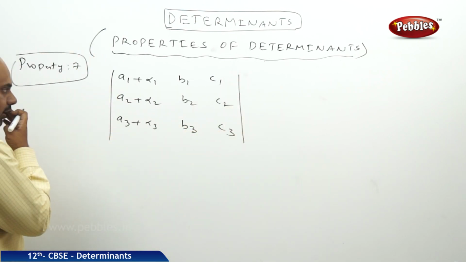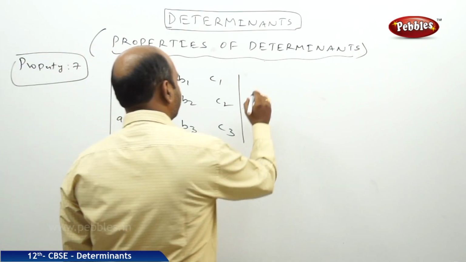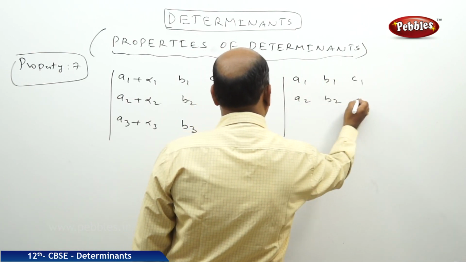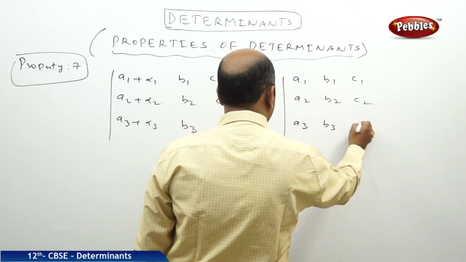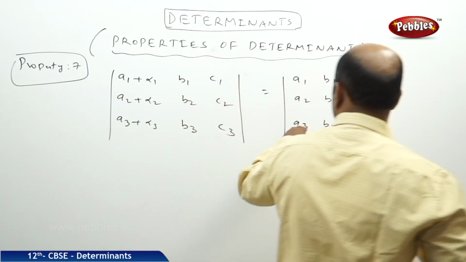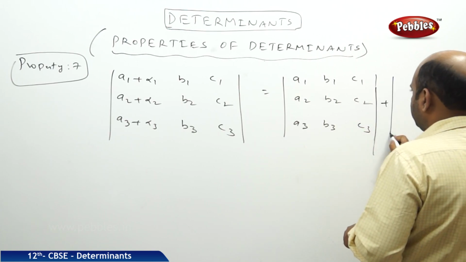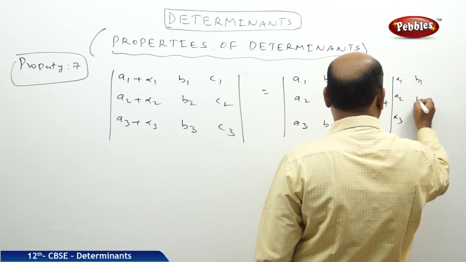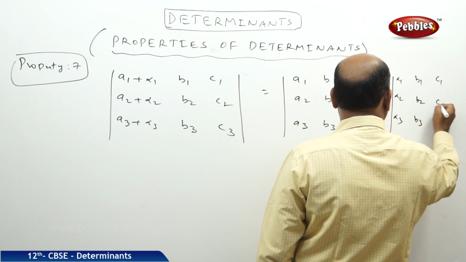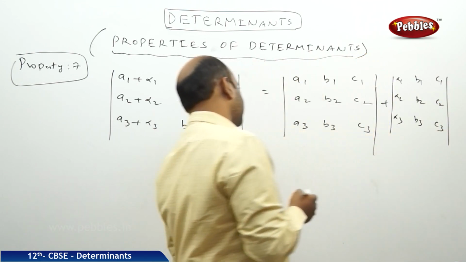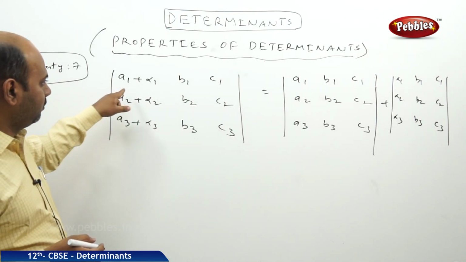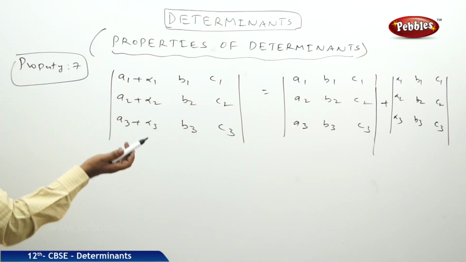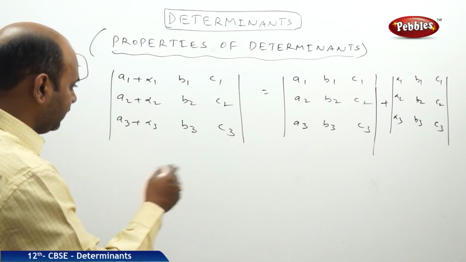Now if you observe carefully, this determinant can be split into 2 determinants like this: a1 b1 c1, a2 b2 c2, a3 b3 c3 plus alpha 1, alpha 2, alpha 3, b1 b2 b3, c1 c2 c3. While doing problems, sometimes we can split the determinant into 2 determinants, and LHS will be equal to RHS.